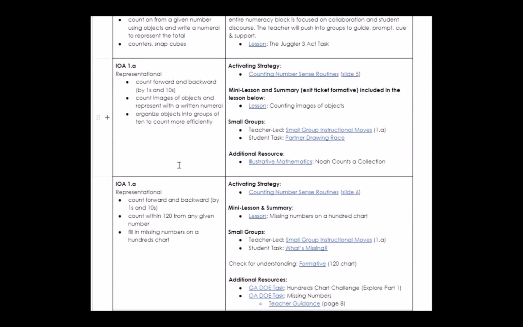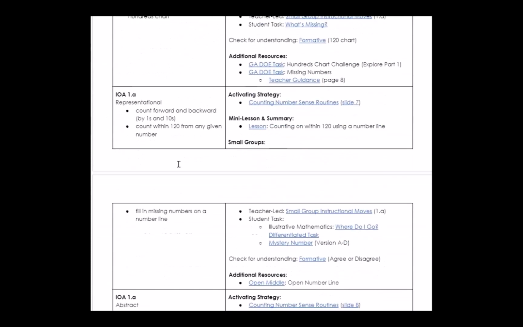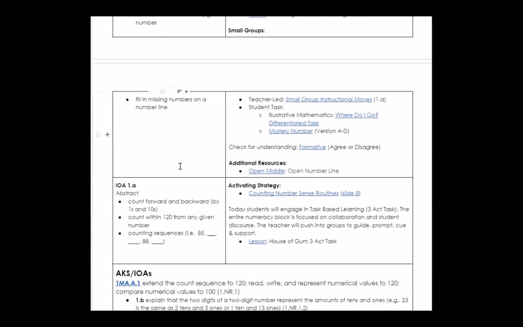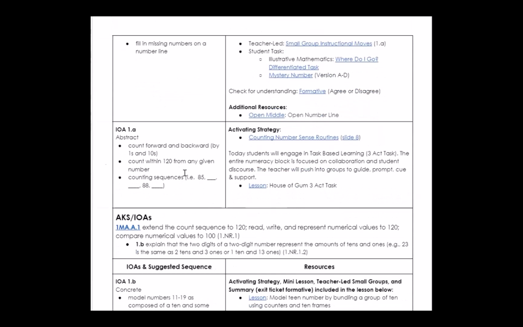Instruction will progress to representational strategies, where students will organize objects into groups to count more efficiently. They will fill in missing numbers on a hundreds chart and a number line. Finally, students will progress to the abstract level and complete the missing numbers in a count sequence.